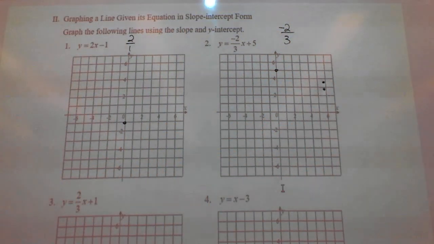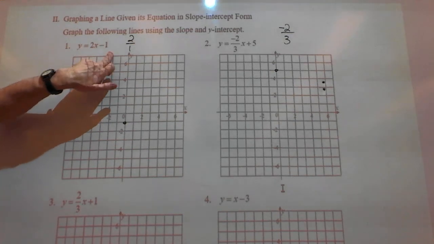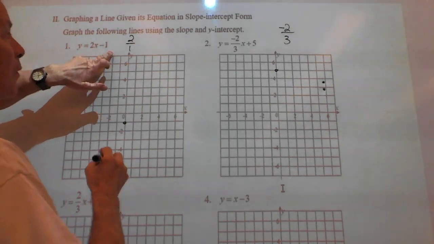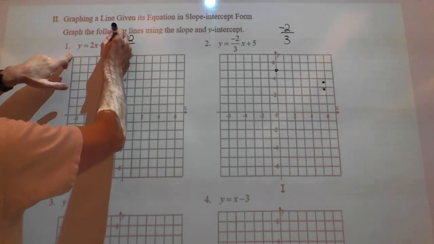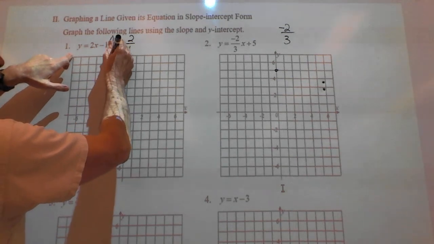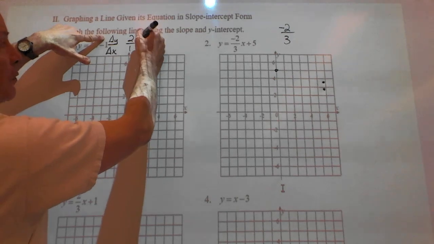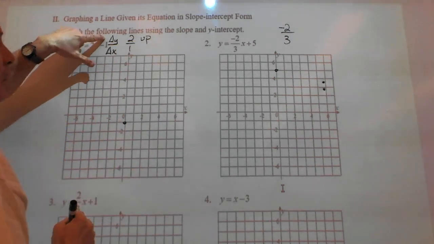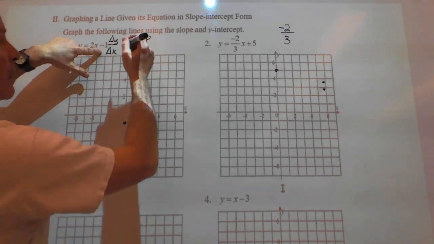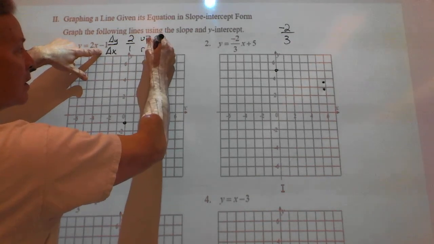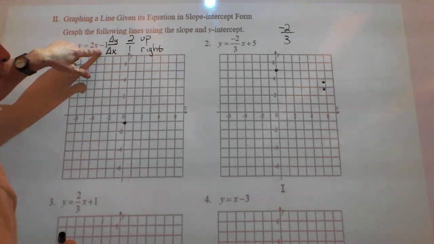Okay? Now, remembering that the slope is equal to rise over run, or delta y over delta x, that means a +2 means we're going to go up 2. A +1 means we're going to go right 1.